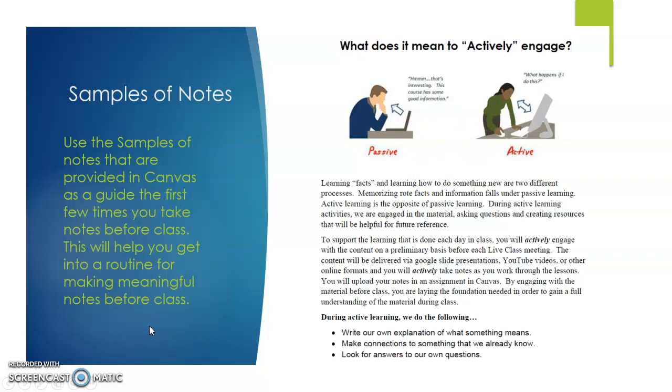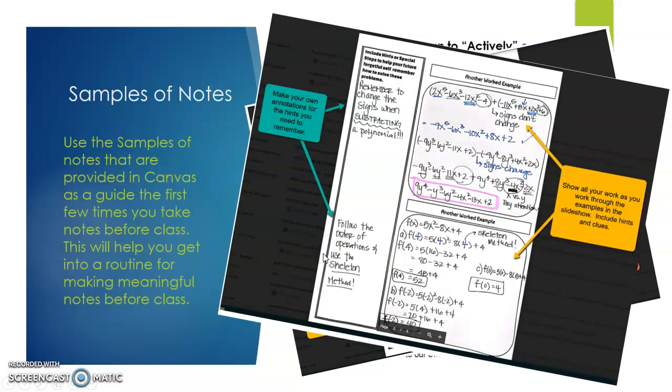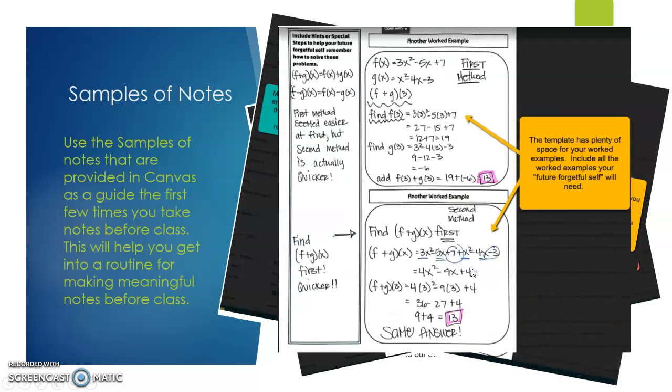And you can use the samples in Canvas as a guide, and then you'll fall into your own routine. So here's what some notes look like. We already saw this on the previous slide. And then as you work through, you'll find that you'll want to write down some extra examples and then make little notes for yourself in the margin so you remember what you did as you were working through the examples. Show all your work.